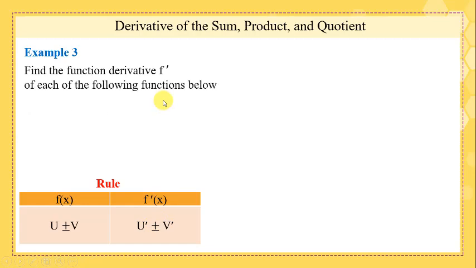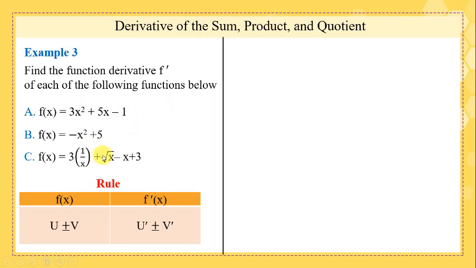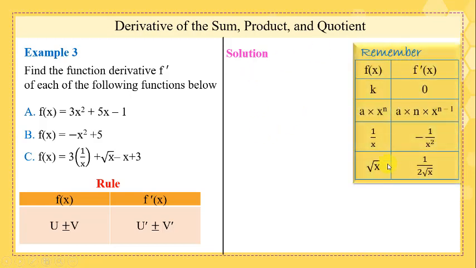Example, 3x squared plus 5x minus 1, and the other example. The first one. Remember all the rules. 3x squared plus 5x minus 1, apply derivative and distribute it here and here and here.